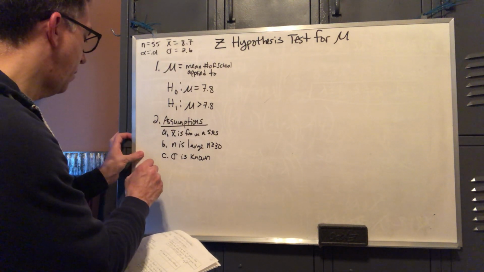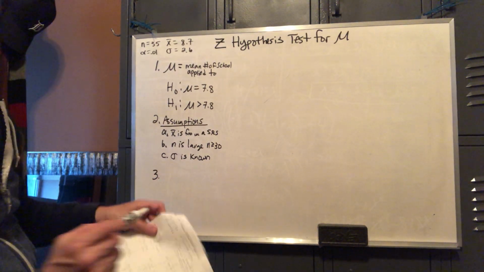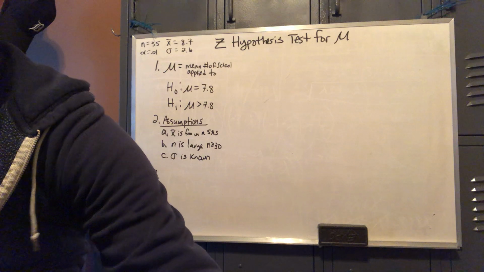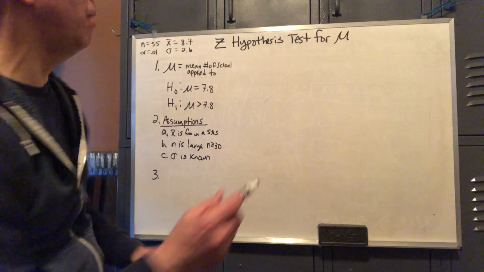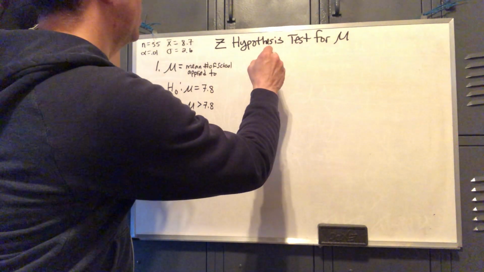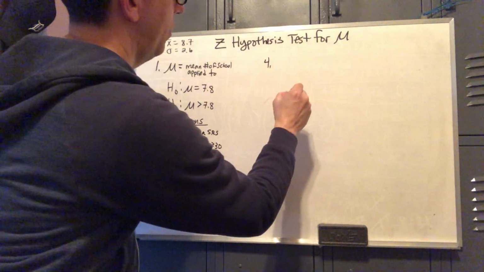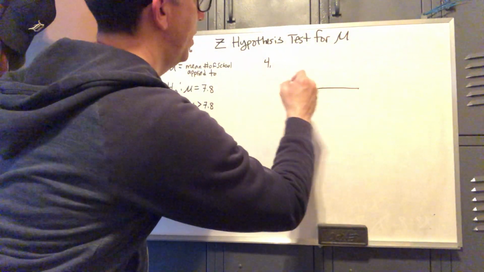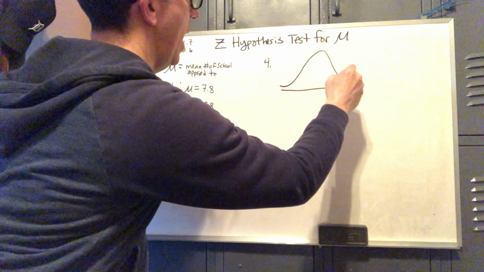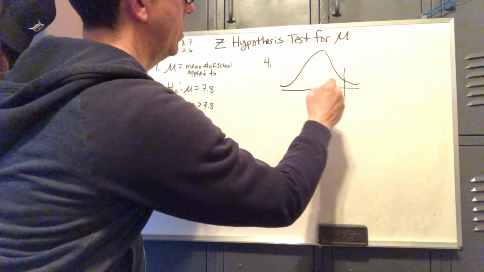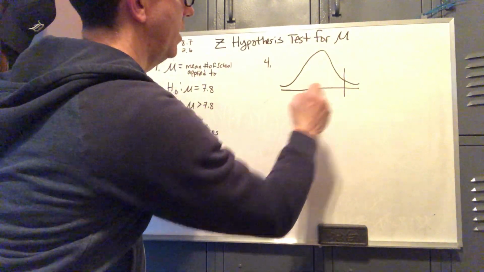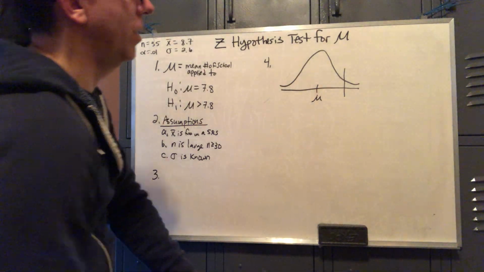All right, step 3. We need to find this critical value, because let's make our sketch and we'll see what that critical value means. So when I get to my sketch on step 4, we'll get back to step 3 in a second. We've got this normal distribution and it's right-tailed. In other words, here's what's hypothesized, mu right in the middle of that normal distribution.